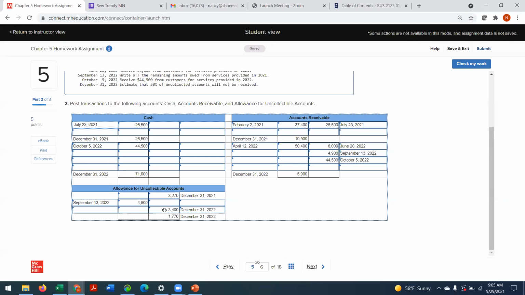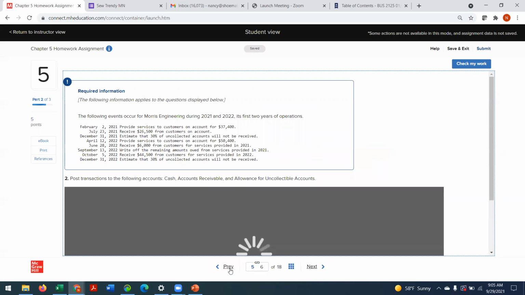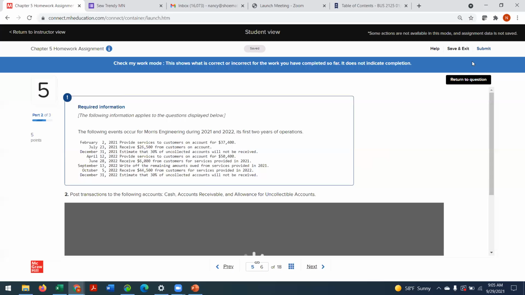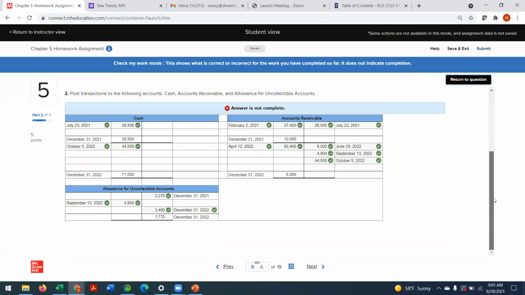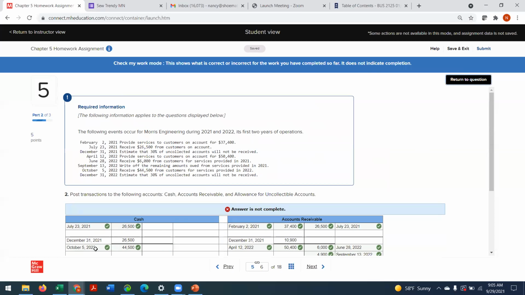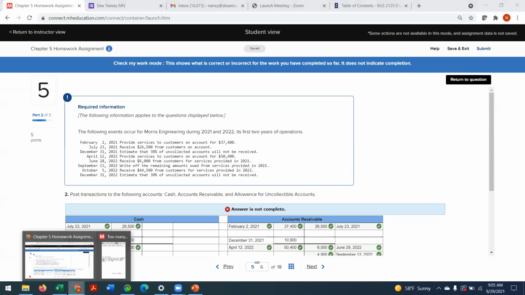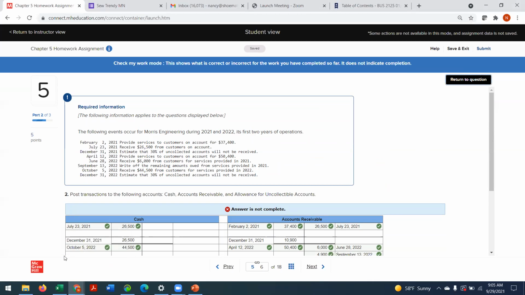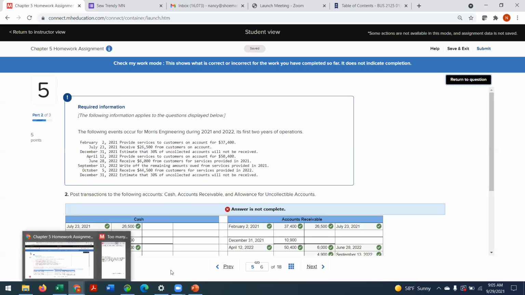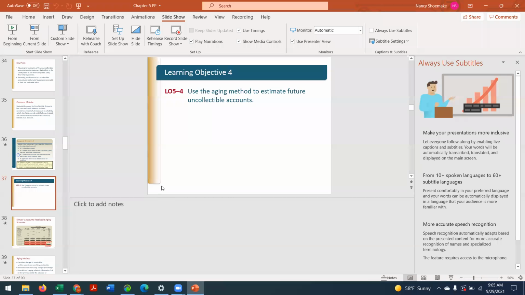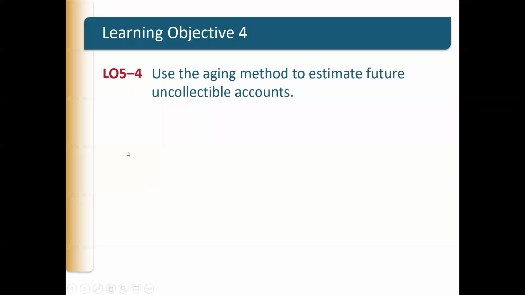So we need to plug this figure in. Okay, let me just make sure I have everything I need here before I move on. Okay. So maybe I got a little ahead of myself, but I'm trying to help you see how we work through the problems. Okay, let's go to here.